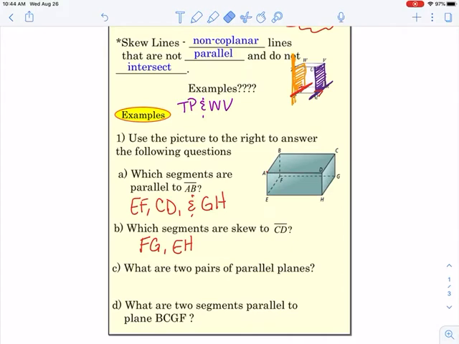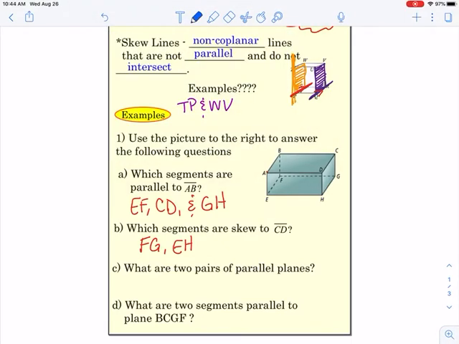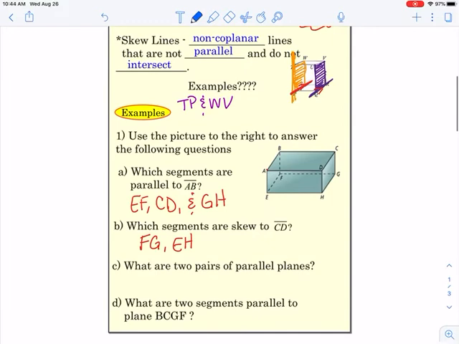Now, what are two pairs of parallel planes? So again, if you think about this as a box, you want the top of the box and the bottom of the box, or one side of the box and the other side of the box. So two pairs of parallel planes here. How about plane ABD is going to be parallel. ABD is the top side of that box.